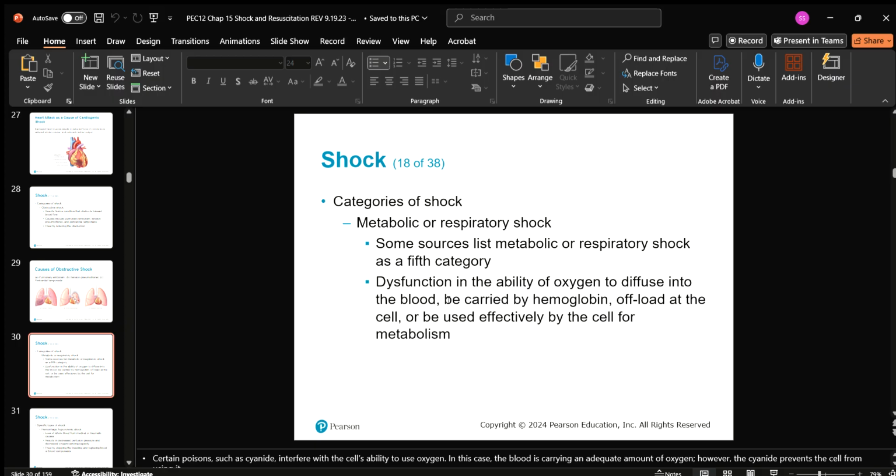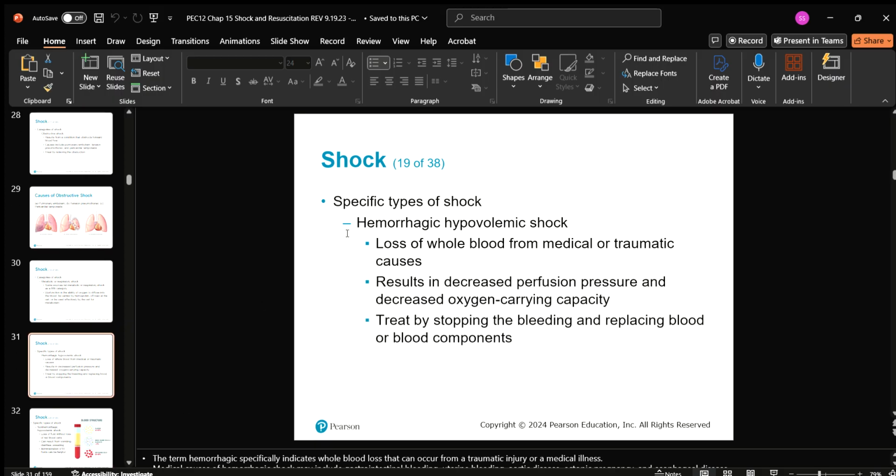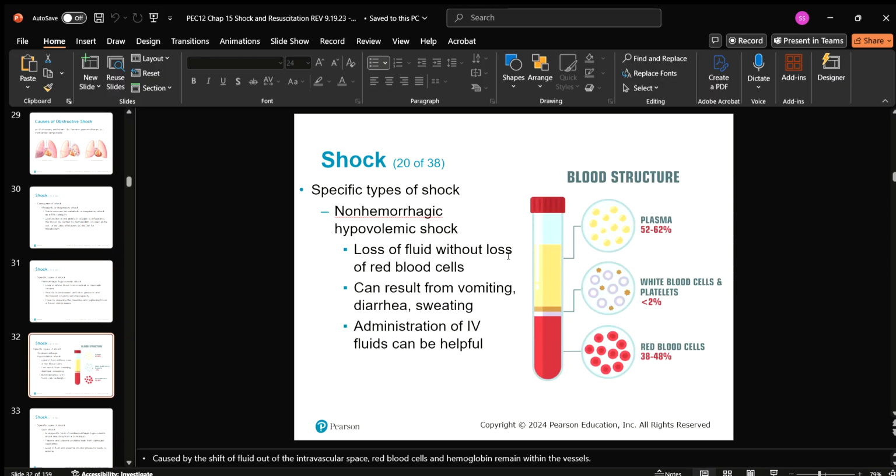Like we were saying, they may have been exposed to a lot of carbon monoxide. All right, another example is hemorrhagic hypovolemic shock. This is a very specific type of shock when we're talking about loss of whole blood. And earlier, I was talking about plasma, which is a part of the entirety of what we call blood and makes up over 50% of it.